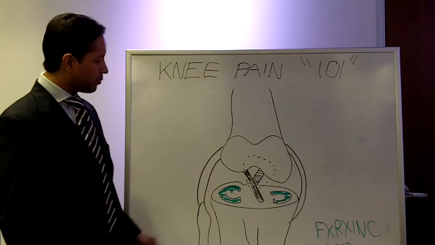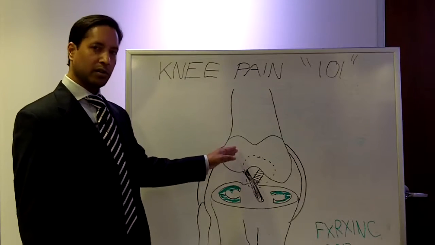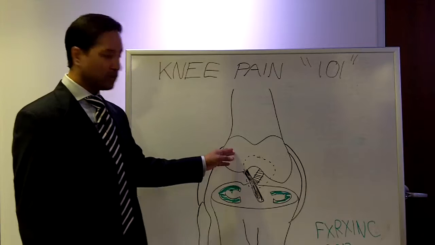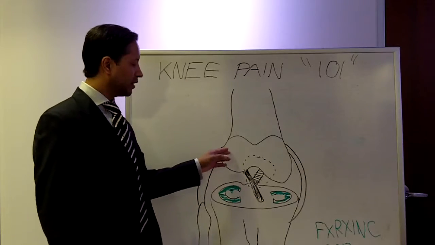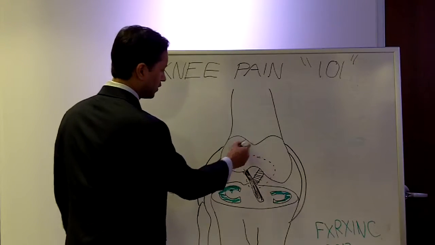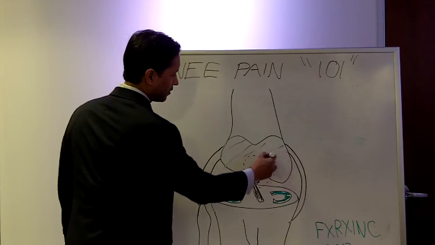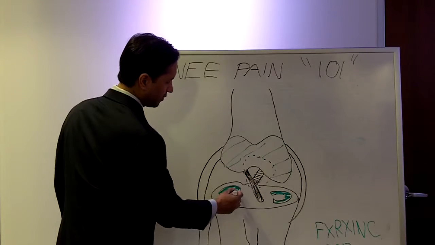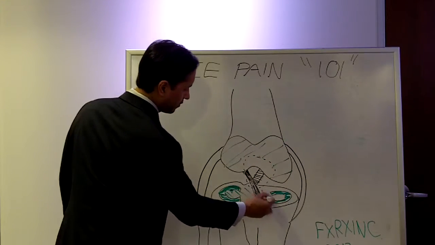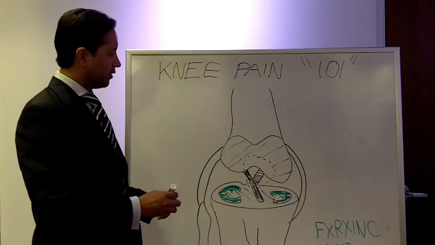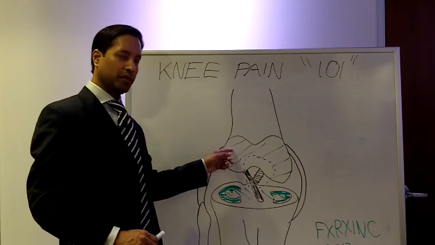The other sources of knee problems are the cartilage in the knee. As patients get older, they often have damage to the cartilage surface of the knee here. And the problems with this are various.